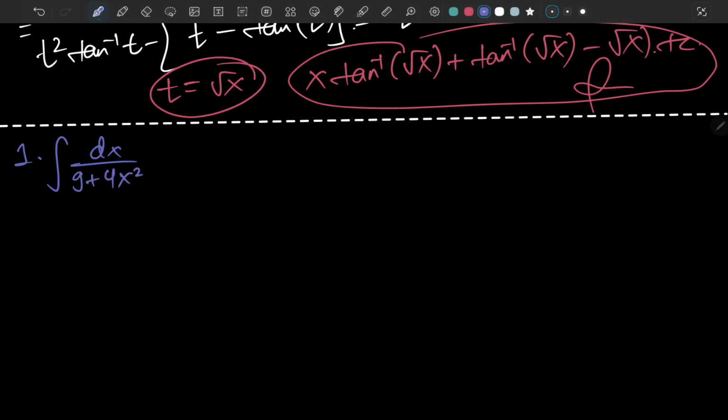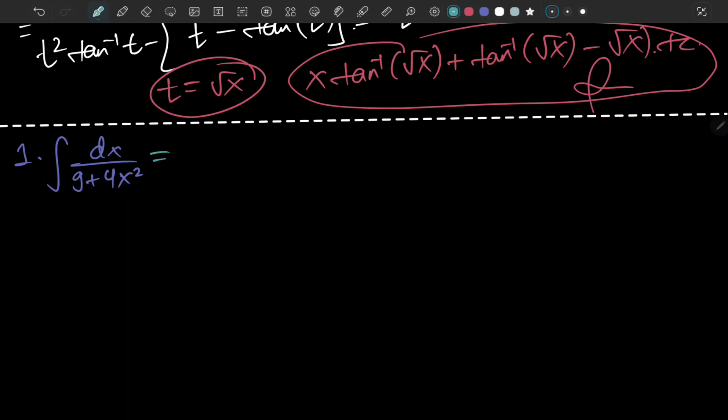Now what we are going to do for this integral is, okay, I got it.